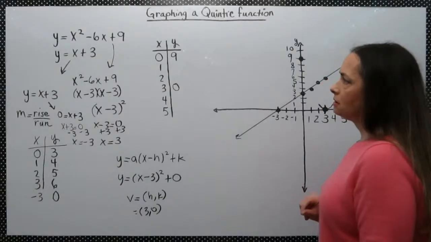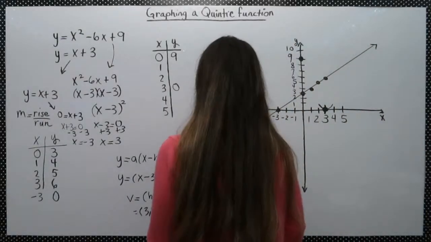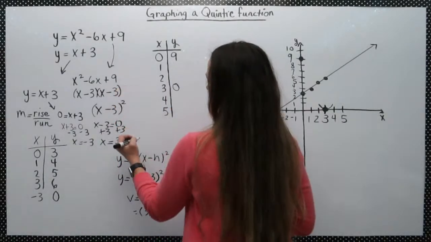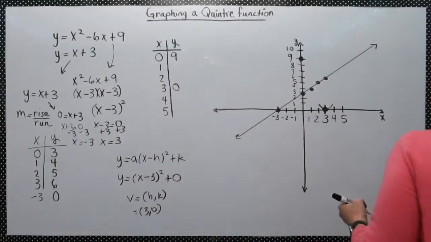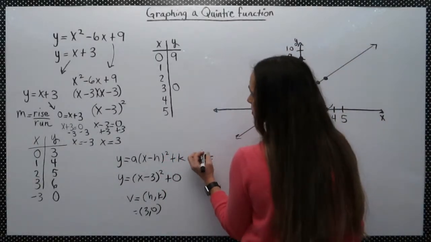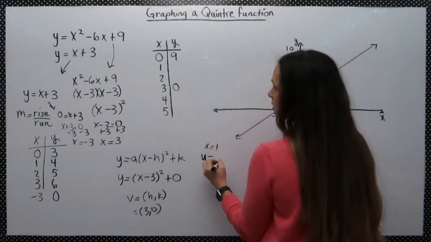And then let's go ahead and just plug in a couple of values for this function. So here, I can put it here, we'll have room. So y equals, when x equals 1, let's plug in.